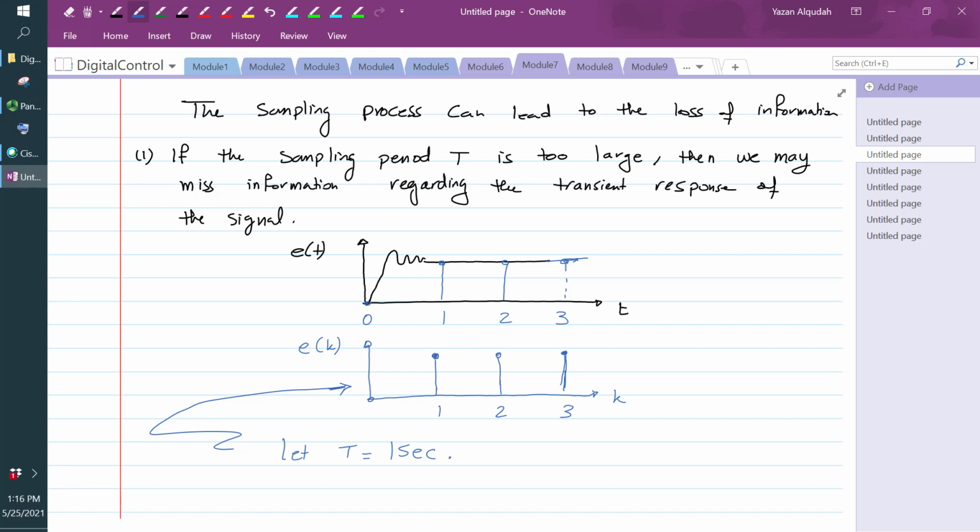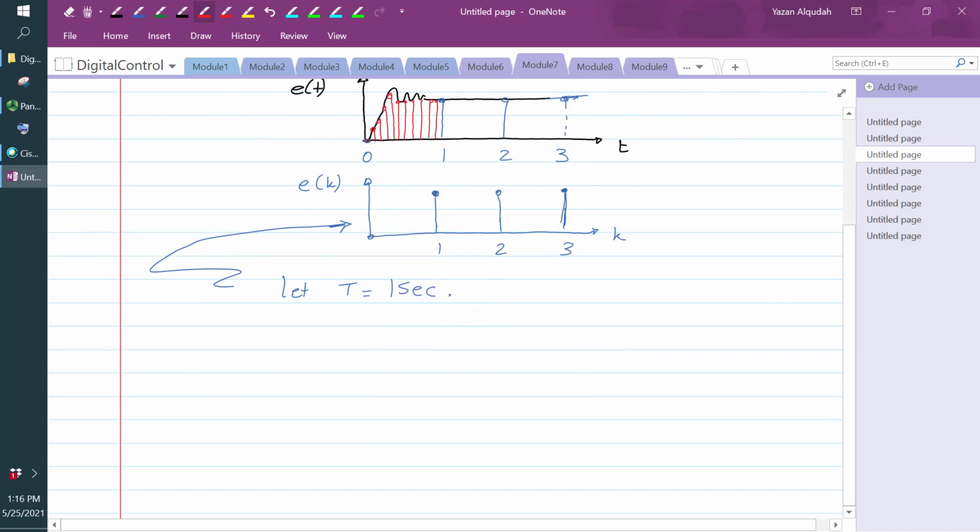If I chose the sampling period to be smaller, then I would have been taking samples like this, and I would have captured these ripples and this dynamic change that is happening in the response. So this is one source of loss that happens because of the sampling.